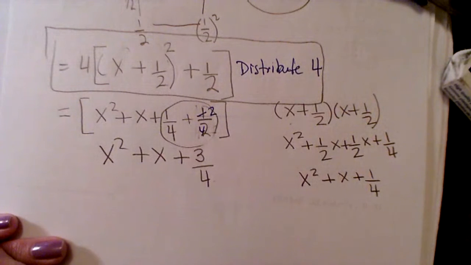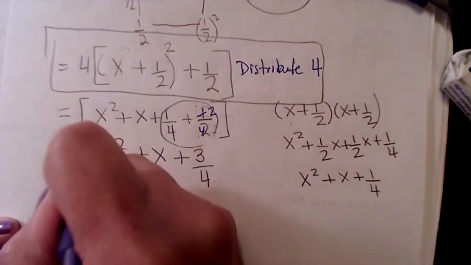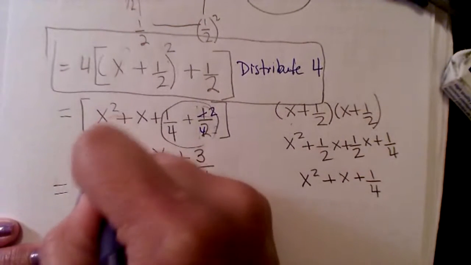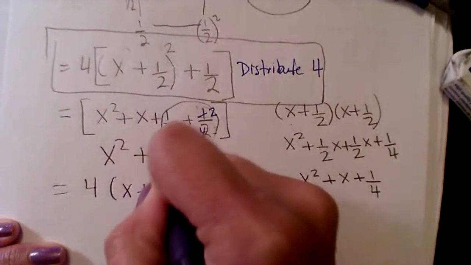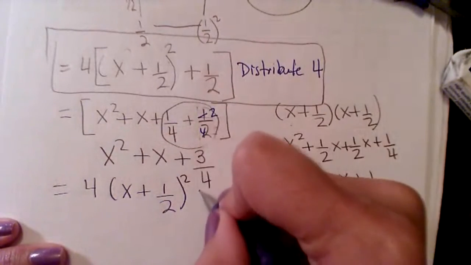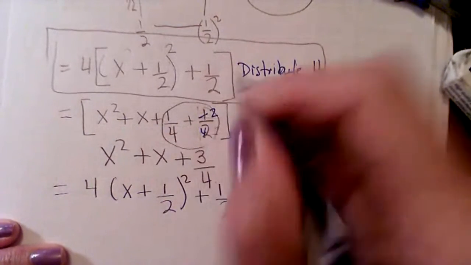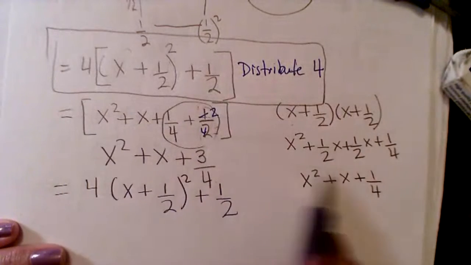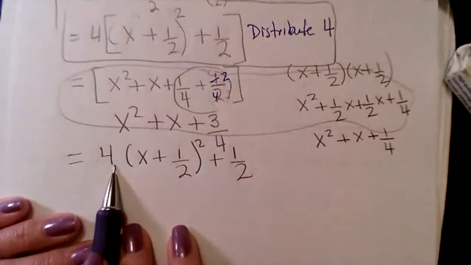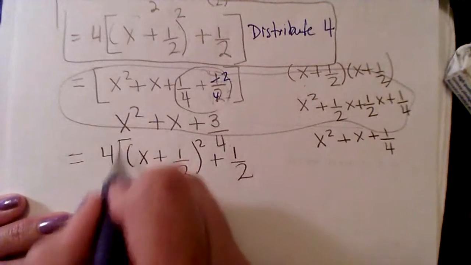All we need to do is we're keeping the 2, we're keeping the 4, so this is what we have. 4 times x plus 1/2 squared plus 1/2. So we didn't need to do this part, okay? This part wasn't needed. But then we need to distribute this 4.